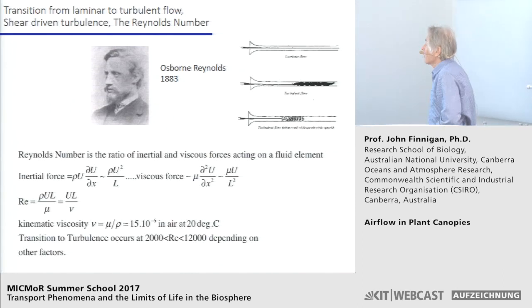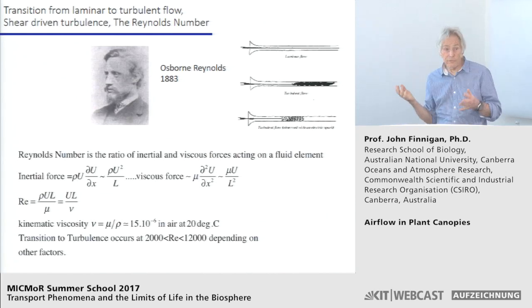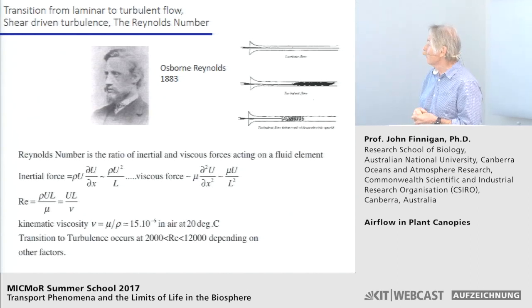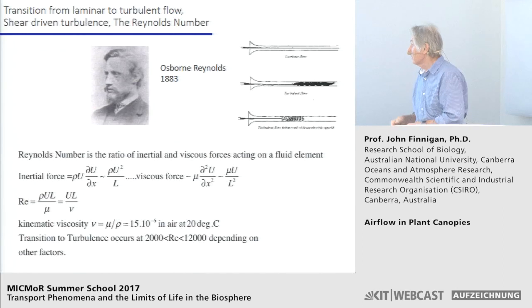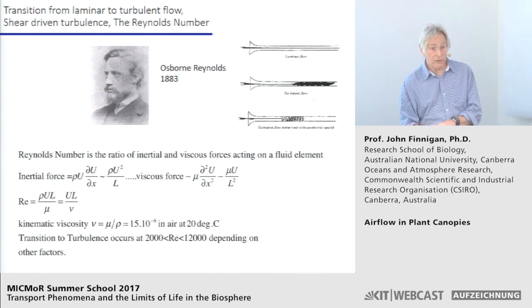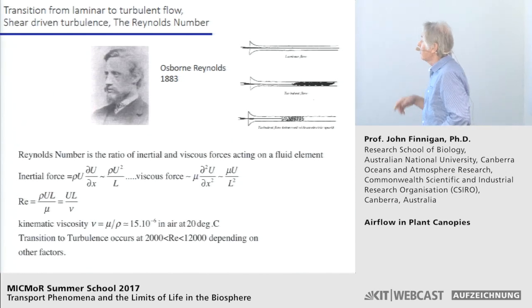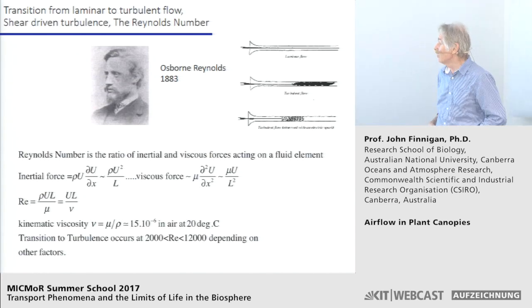So Osborne Reynolds defined the Reynolds number as the ratio of inertial and viscous forces acting on the fluid element. So the inertial force is of order the density times the gradient of velocity, or the spatial acceleration. So it's of order rho times the square of the velocity divided by a typical length scale of the flow. And the viscous force is the viscosity times the second derivative of the velocity, which is of order mu u on L squared.